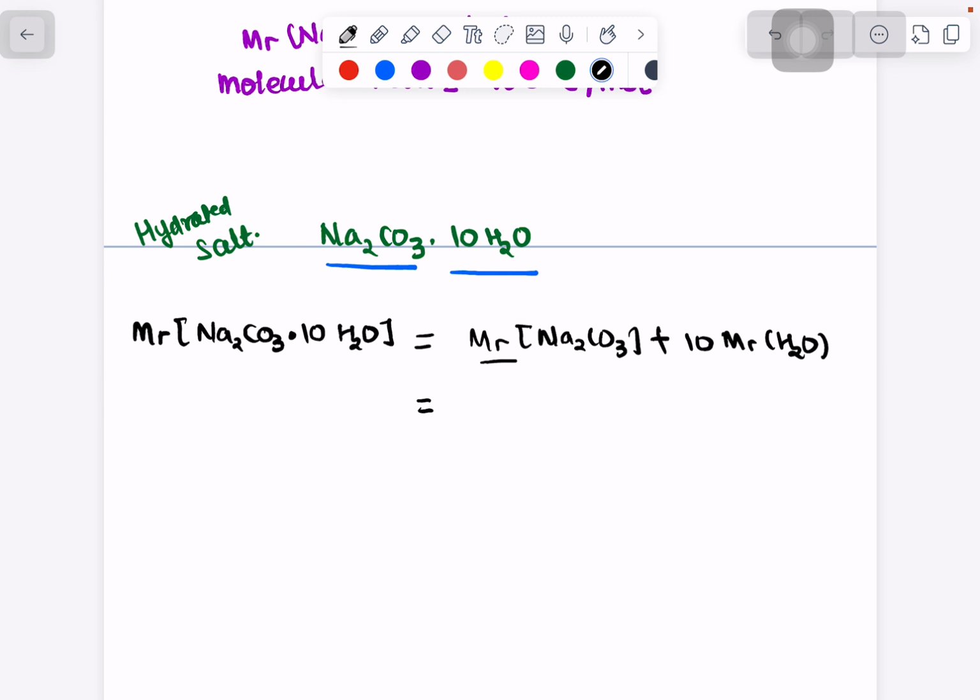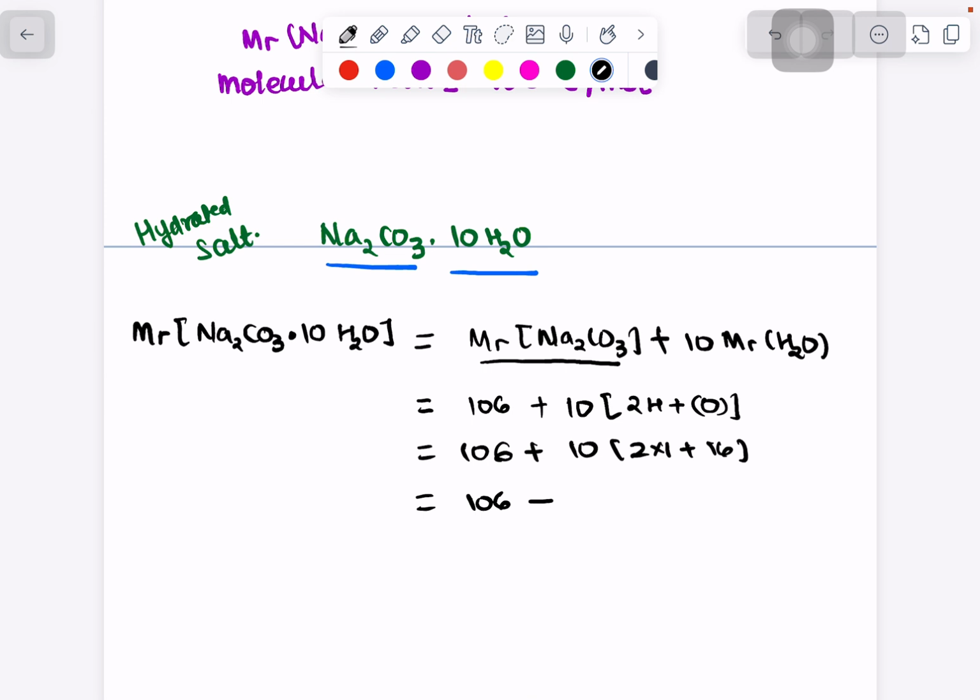We already calculated the Na2CO3 molecular mass, which is 106. And we need to calculate the mass of 10 water molecules in it. So it's 10, and we apply the same definition to calculate the molecular mass of H2O. There are 2 hydrogens plus 1 oxygen. So 106 plus 10, and 2 hydrogen is 1 plus oxygen is 16. So it's 106 plus 10 times 18.